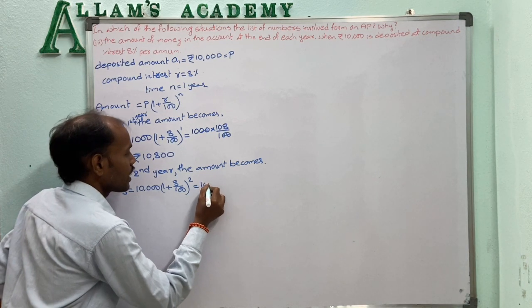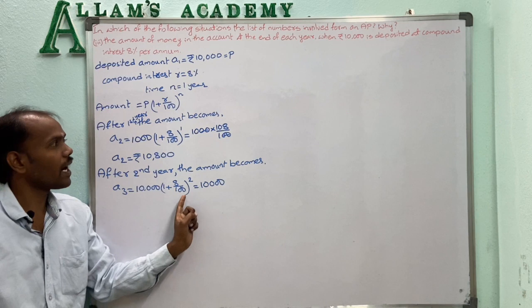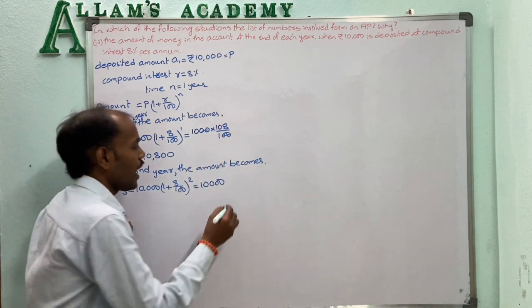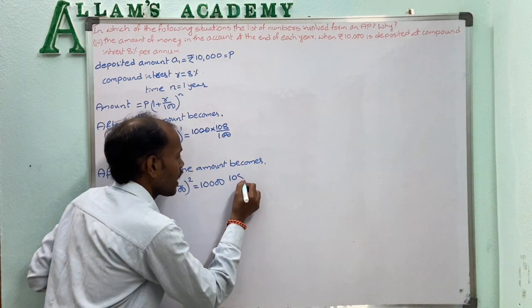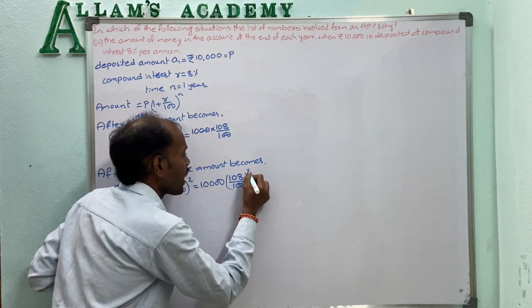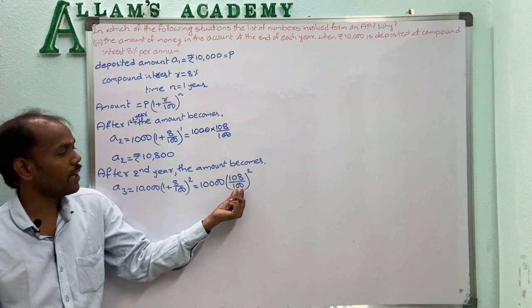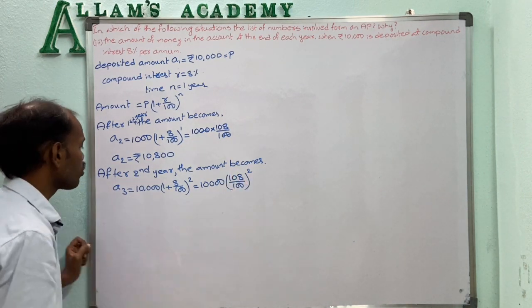That is 10,000 into, now 1 plus 8 by 100 is nothing but 108 by 100, whole square. Here power 2 there. That means 108 by 100 is multiplied 2 times.